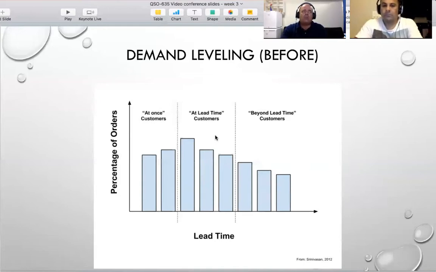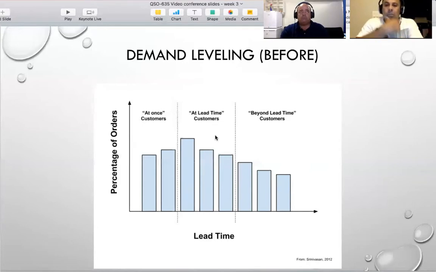And for the most part, most customers, now this doesn't take into consideration things like brand or price elasticity or customer service levels. But in general, most people want it within a certain amount of time, usually within the lead time.